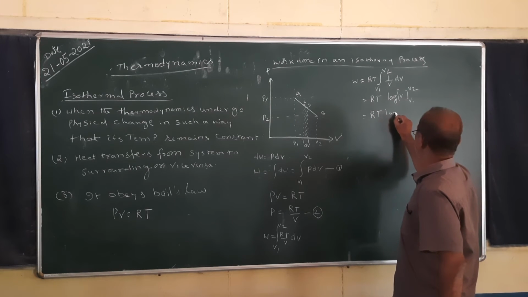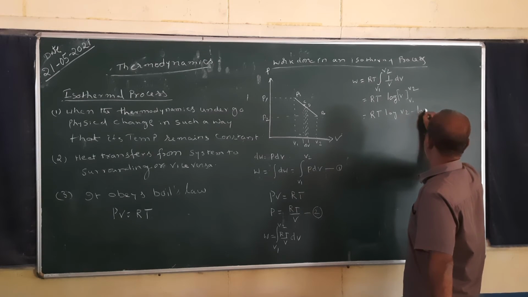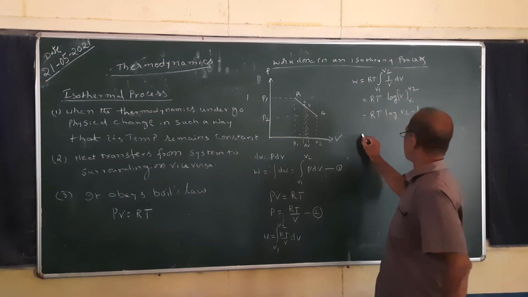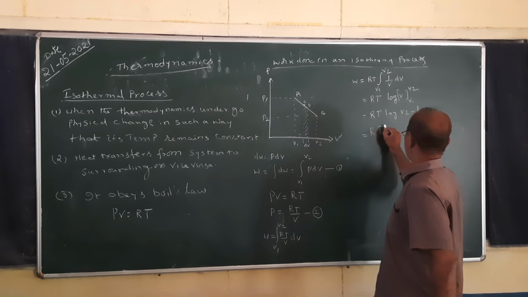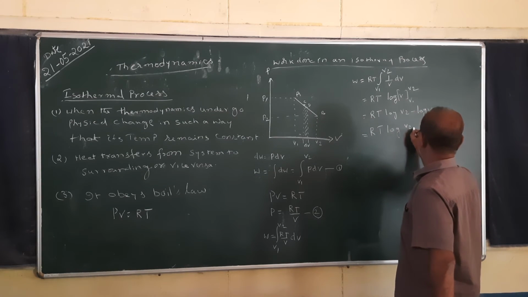Then RT times log V2 minus log V1, which is equal to RT log V2 by V1.